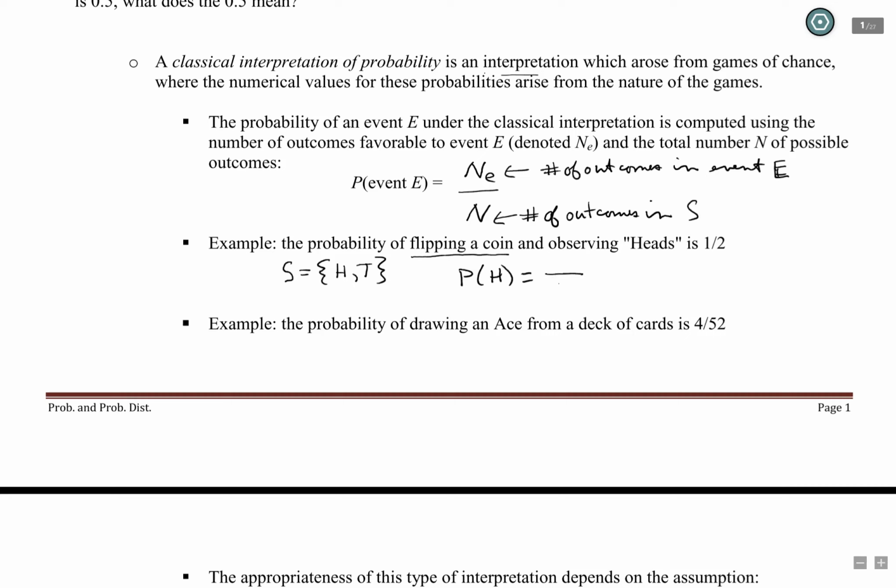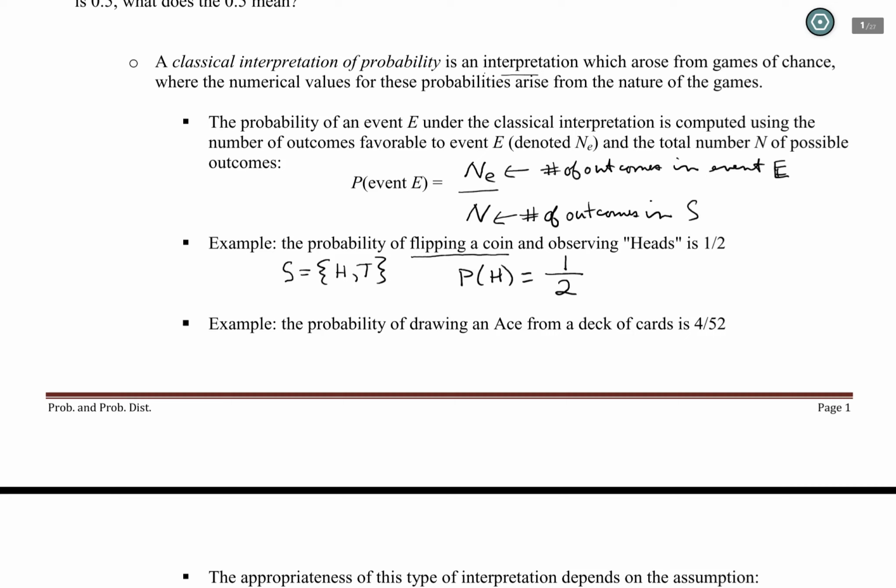There's 2 outcomes in the sample space, and H is a simple event because it's just a singular outcome, so it's 1/2. So that's how we think of the probability of a heads under the classical interpretation.